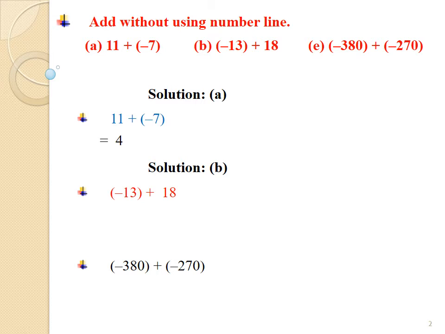So now let us subtract 13 as a whole number from 18 and place the appropriate sign of the bigger number with the subtraction obtained. Thus, subtracting 13 from 18, we get 5.